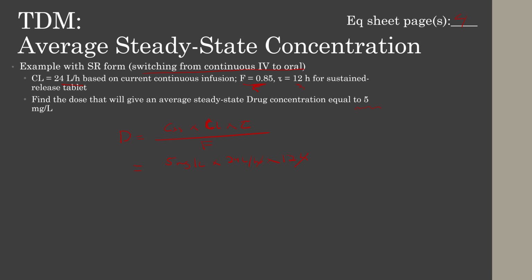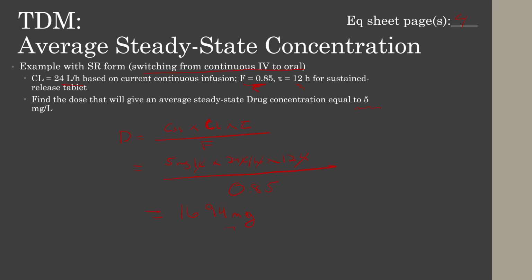The hours cancel out, liters cancel out to leave milligrams on top, divided by 0.85 to incorporate bioavailability. If you do all that math, we should be left with milligrams as our final unit. So 1694 milligrams. And what do you think?